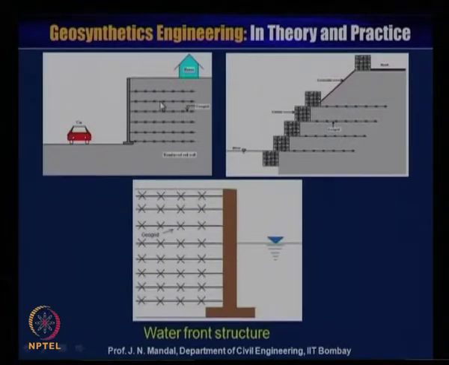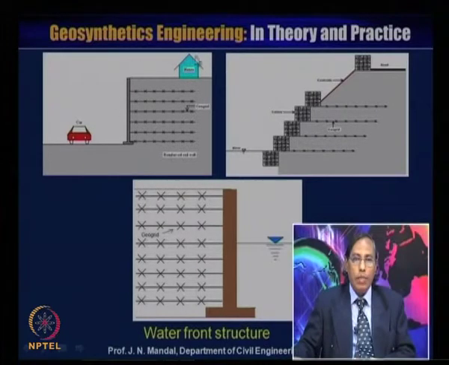You see some of the useful uses of the reinforced soil retaining wall. When you want to construct a vertical wall, you can provide the reinforced soil wall, and you can construct the building here. So, there will be no problem, and at the bottom there will be a road, and cars can pass through this area.